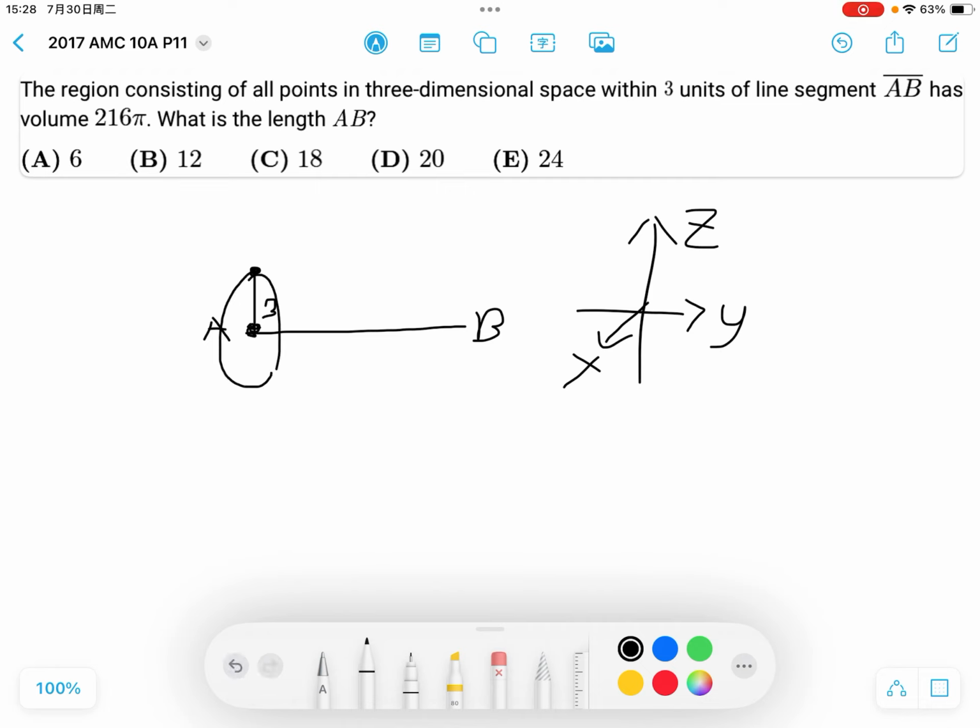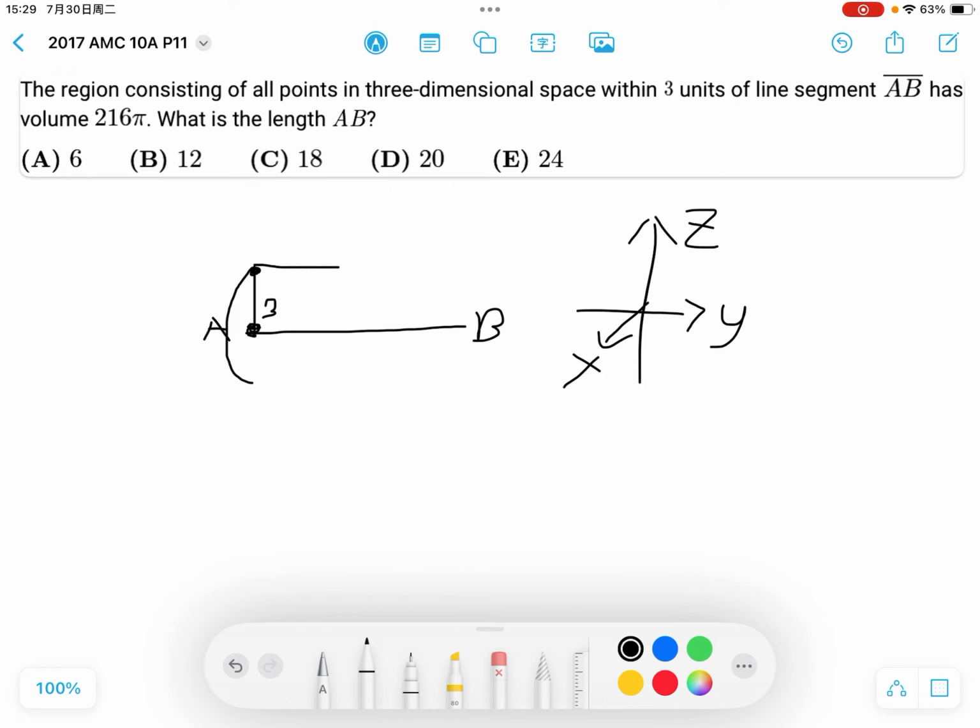It kind of cuts through the side of the 3D plane. So every circle like that alongside AB is going to have points on the circle that meet the requirements. So what I get here is going to be a cylinder.